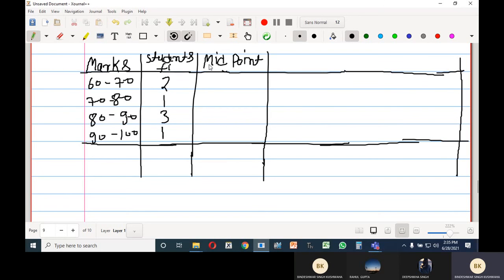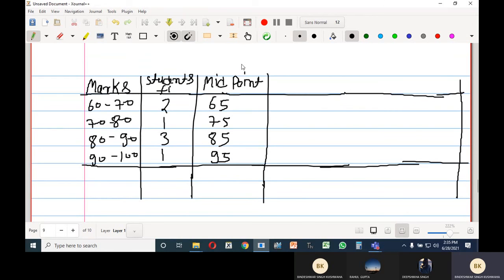Midpoint 65, 75, 85 and 95. So this will work like fi and this is xi. This is the data, and you will do the same thing you did in discrete frequency distribution.